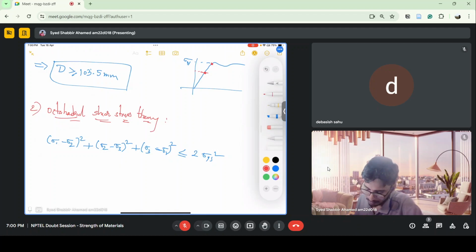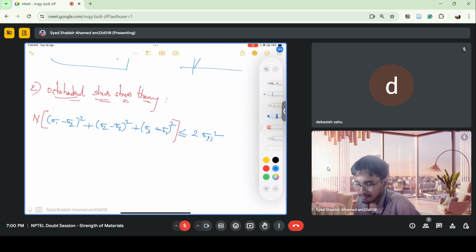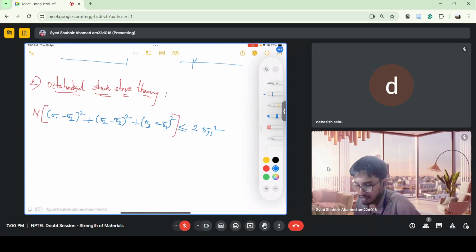Since a factor of safety is given, I have to multiply this factor of safety on the left hand side, so that I get more protection, or I can reduce the allowable stress to avoid effects due to other things. So those can be taken care of. So I get sigma 1 only. There is no sigma 2.